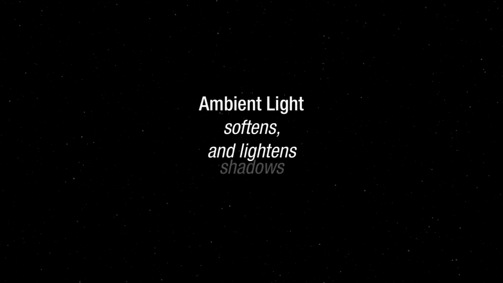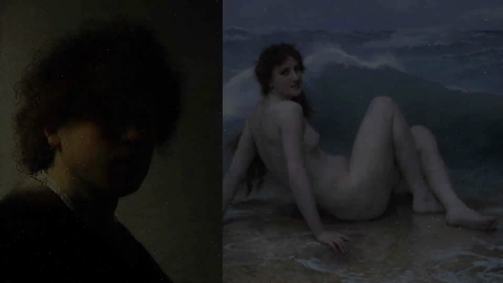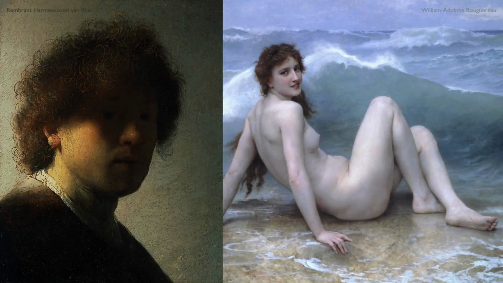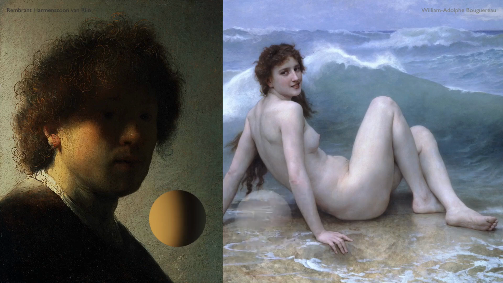Ambient light has two main effects, and they both influence the shadows. Ambient light softens and lightens shadows. In the painting on the left, the shadows are very dark because there's almost no ambient light. The walls are dark and the light is very contained. On the right, it's difficult to see the shadow shapes, but they are there.